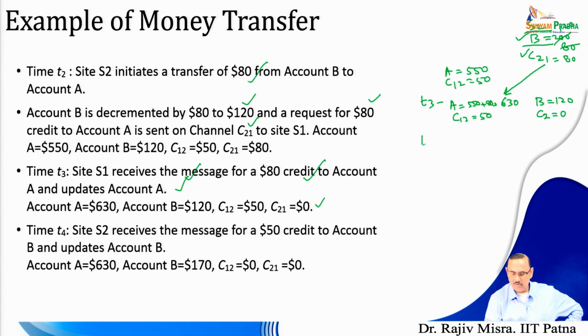Now, at time t4 the site S2 receives the message here, receives the message for 50 credit to account B and updates the account B. So, B will become 120 plus 50, that is 170, and the channel C21 is equal to 0, C12 will become 0 in that case, and A will become 630.